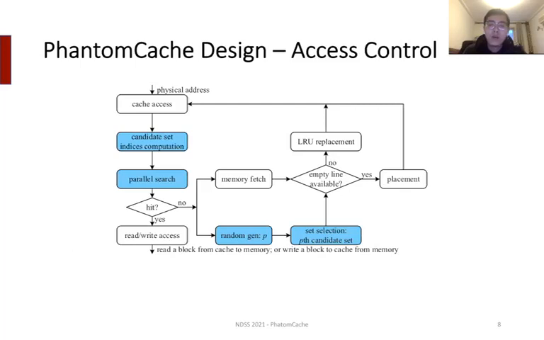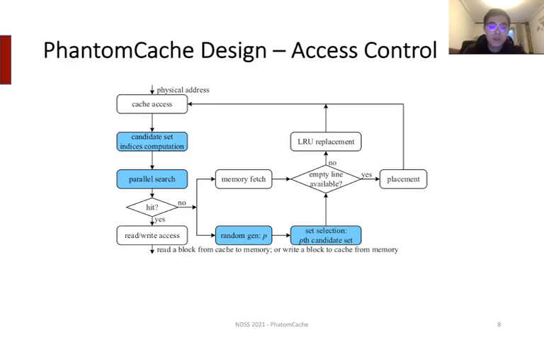So how will a cache access be handled in PhantomCache? First, when the physical address is sent to the cache, all its R candidate set indices will be computed, and all R candidate sets will be searched in parallel.